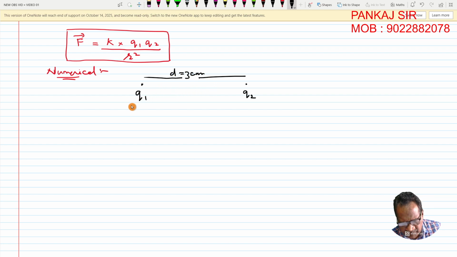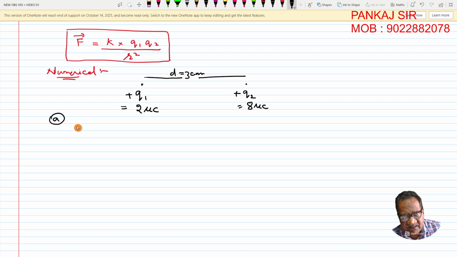The charge Q1 is positive, charge Q2 is also positive. Values are Q1 is 2 microcoulomb, Q2 is 8 microcoulomb. So with this as the situation, you have to answer these questions.